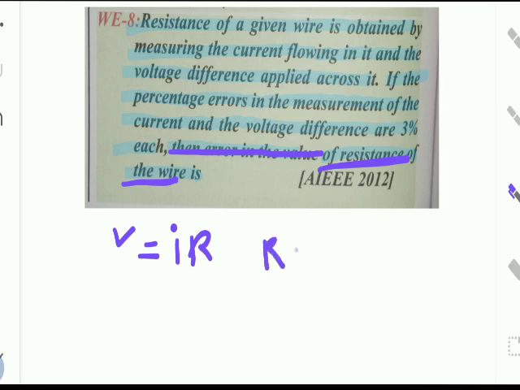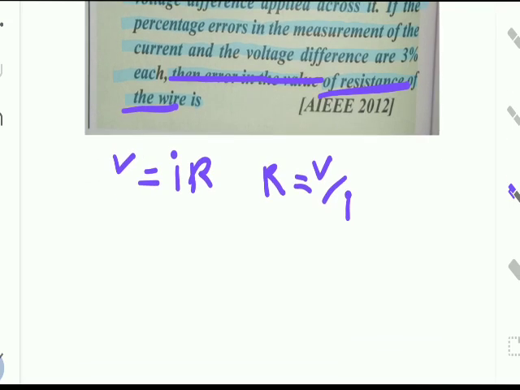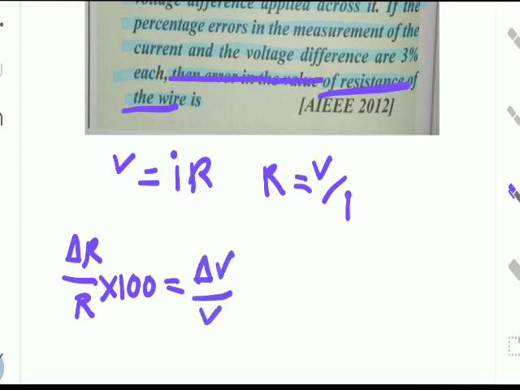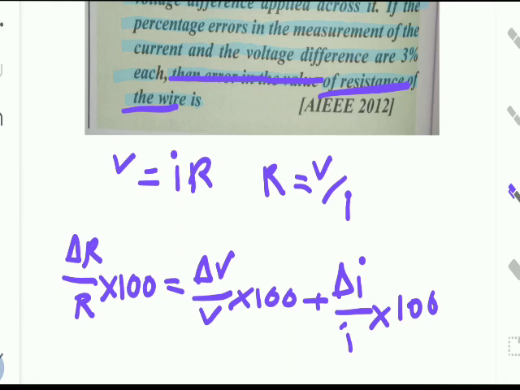So R is equal to V by I. It can be written as delta R by R into 100 is equal to delta V by V into 100 plus delta I by I into 100.